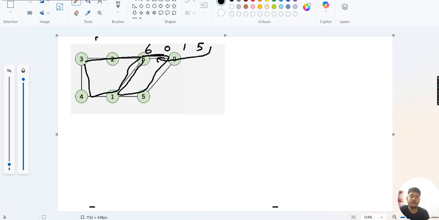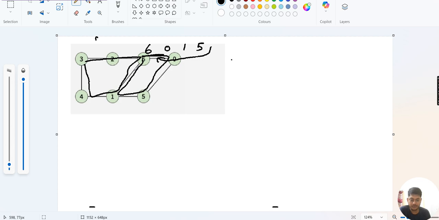So basically the problem says this only: given a graph and edges, we have to find the shortest cycle among all the cycles which are present in the graph. So how are we going to approach this question? First of all, we need to know how we can detect a cycle in a graph.